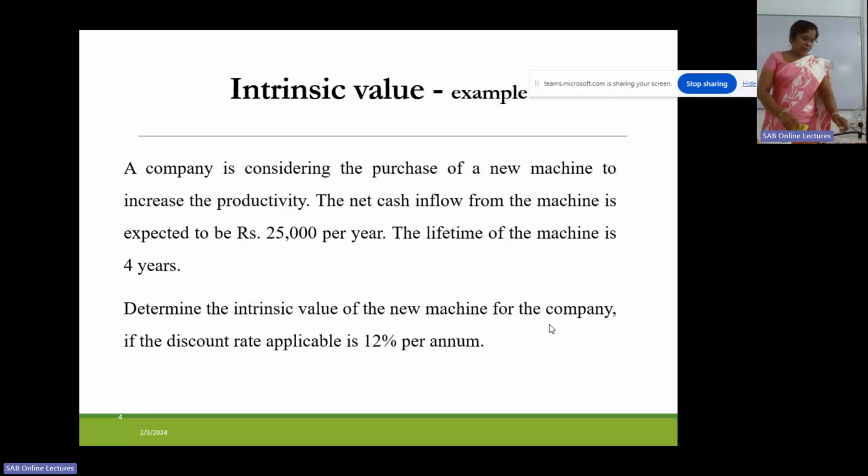How much is the intrinsic value? This is what you have learned in the time value of money. How much is the intrinsic value?